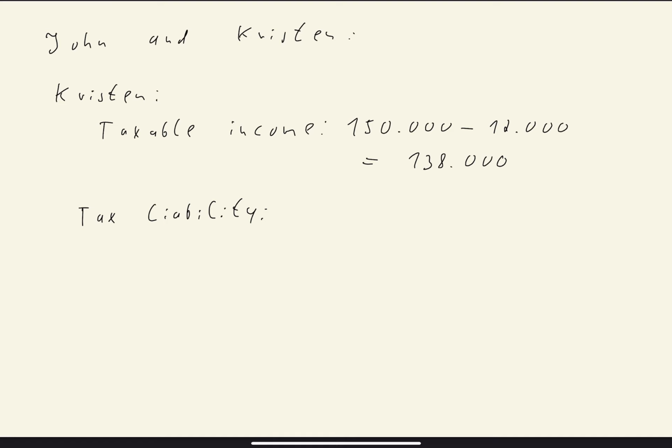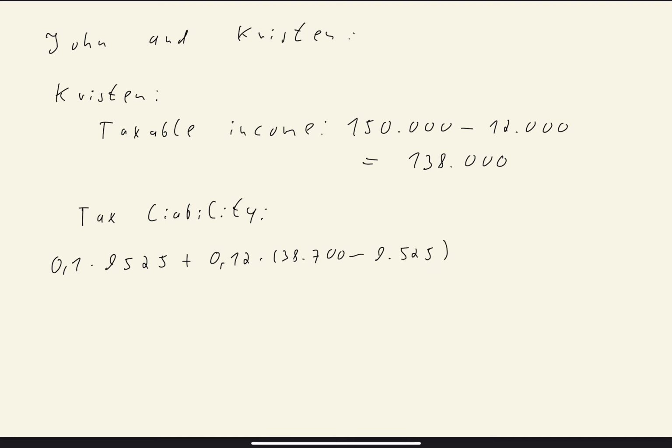For the first $9,525, you pay 10%, so 0.1 times 9,525, plus 0.12, so 12%, on the next available income, going up to $38,700, so times 38,700 minus 9,525.